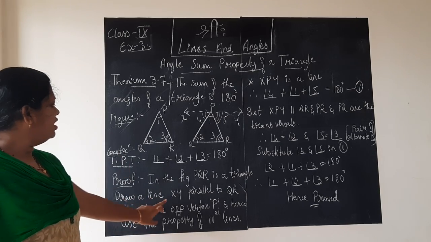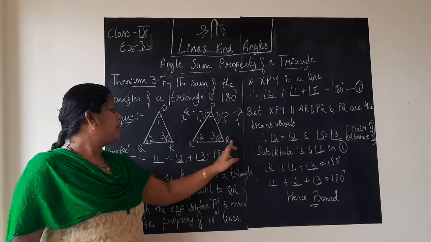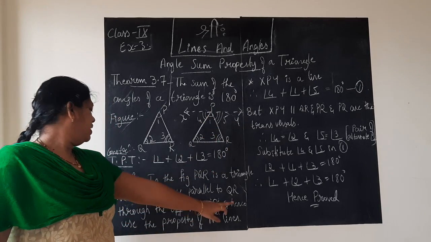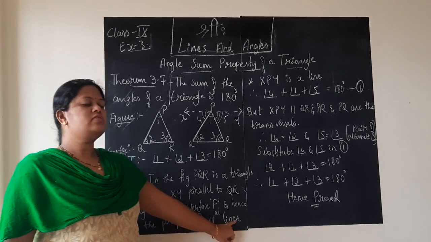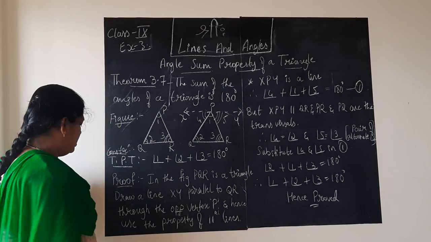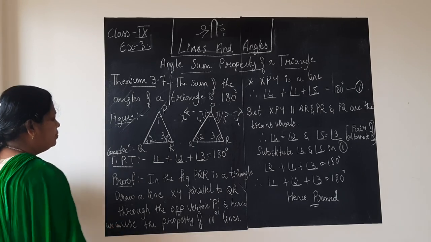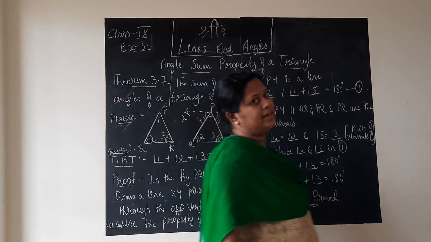You write here: draw a line XY which is parallel to QR through the opposite vertex P, and hence we can use the property of parallel lines.